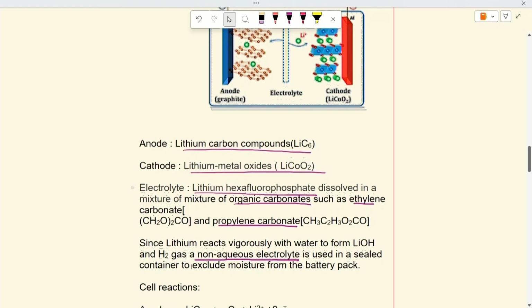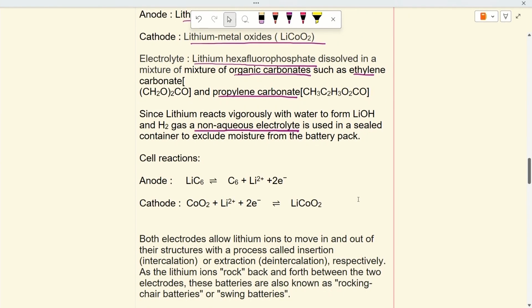Now, let us see what the cell reactions are. At the anode, the lithium carbon compound gets converted into carbon and lithium ions with the release of 2 electrons. At the cathode, cobalt oxide combines with lithium ions and 2 electrons to form lithium cobalt oxide.